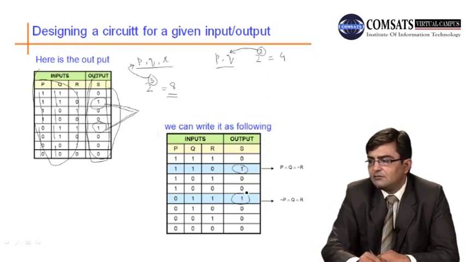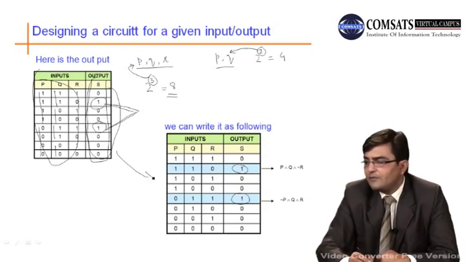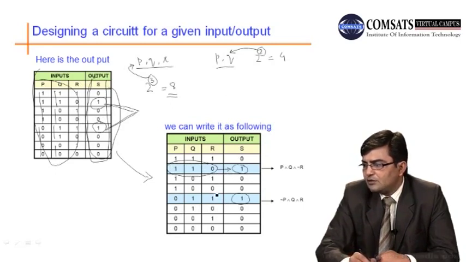So first we locate the true values here. This is the same truth table, and then we also locate the inputs corresponding to this output. The inputs corresponding to this true output are this and this.